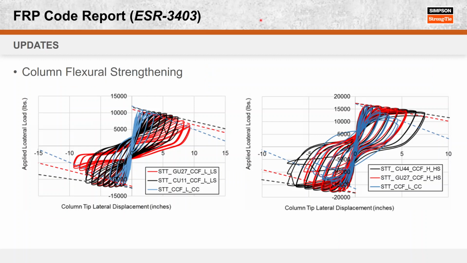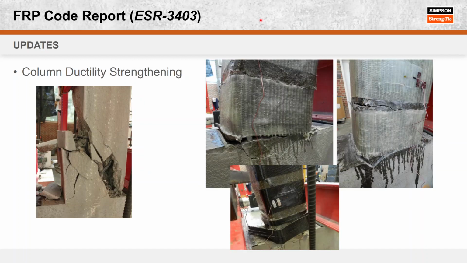Before it fails, right. And I think that the reason for the column ductility, even though there are gaps in between, is that you are confining that concrete. So I think if our column shear test and our column flexural test show increased levels of ductility, then we get the word ductility added in our code report.